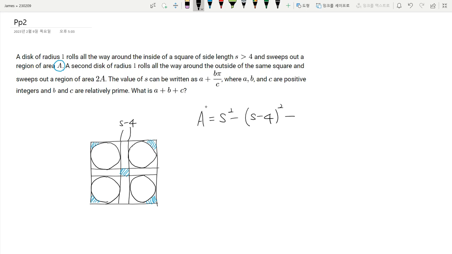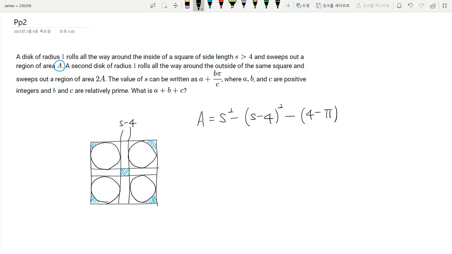So if we move all the corners into one square on the upper right, this square's area is 4, and the area of one circle is pi. So that's the area swept by the movement of the disk inside the square.